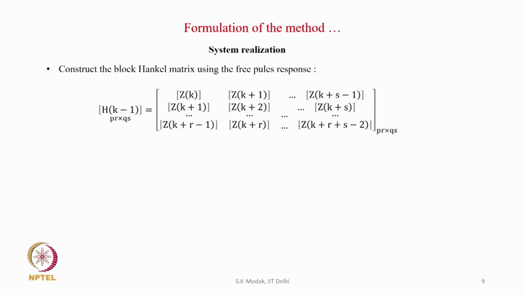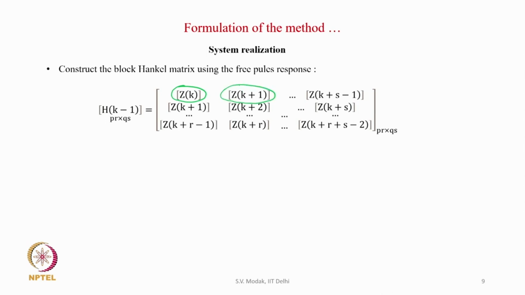In the first row we have the free pulse response matrix we saw on the previous slide, at a certain instant in discrete time. Now we advance the instant by one interval. At the next instant we can again obtain this matrix of free pulse responses, which is nothing but the free pulse response matrix Z_(k+1).